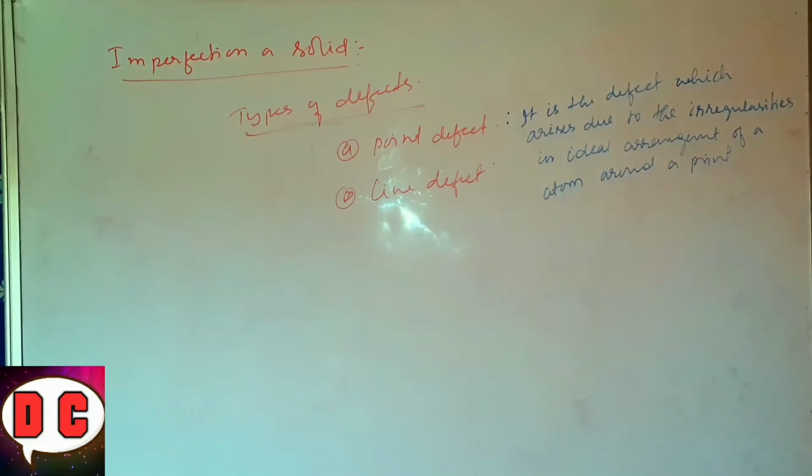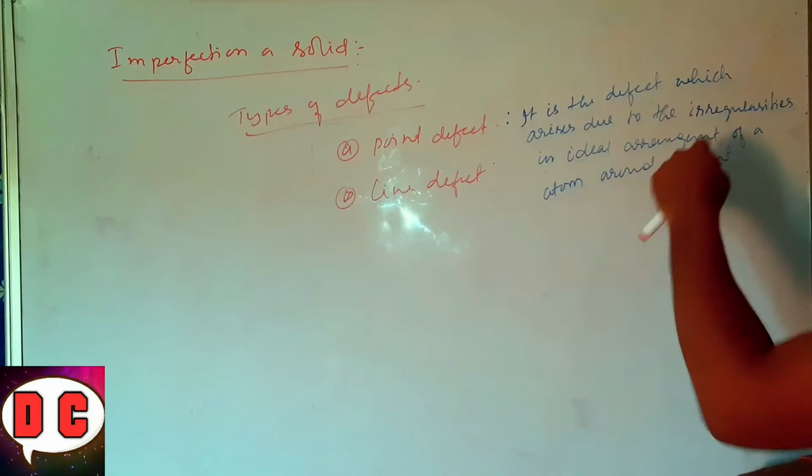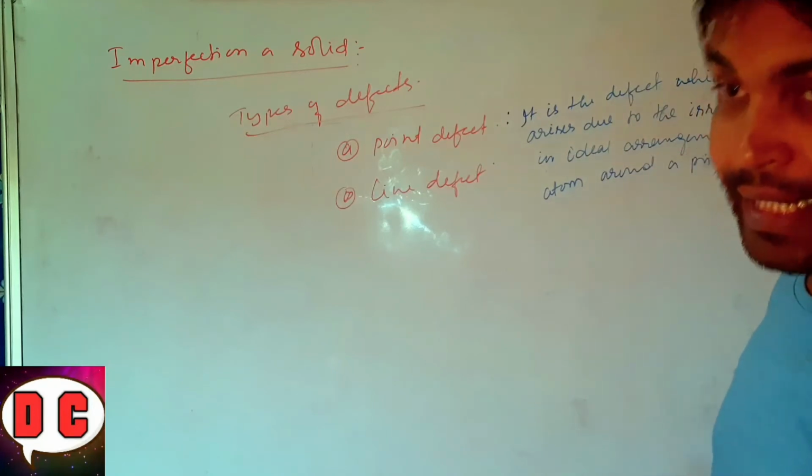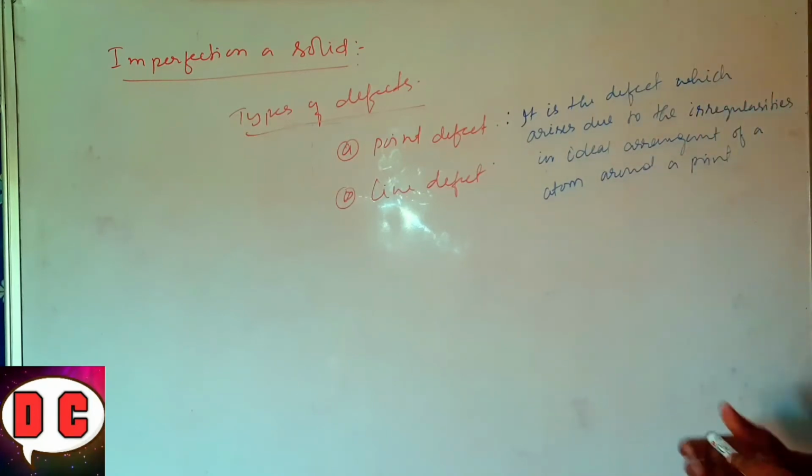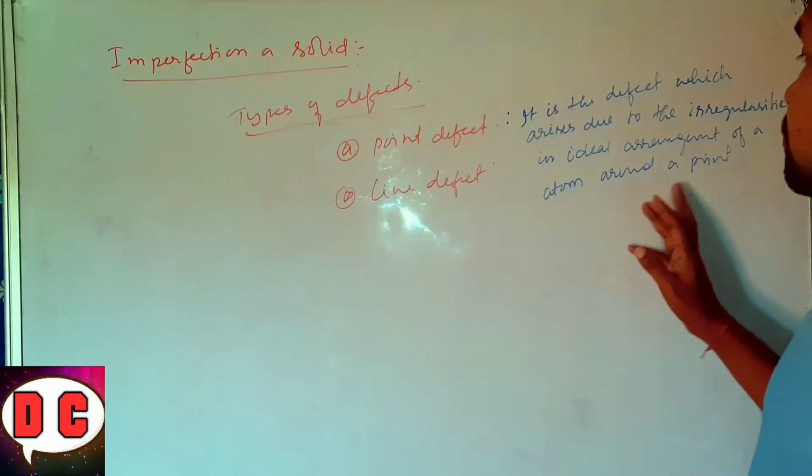Got it? So what is a point defect? It is the defect which arises due to the irregularities in the ideal arrangement of the atoms around a point.